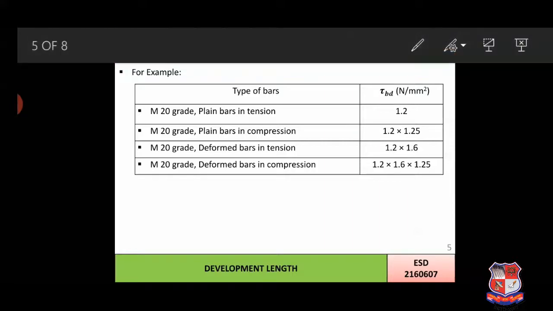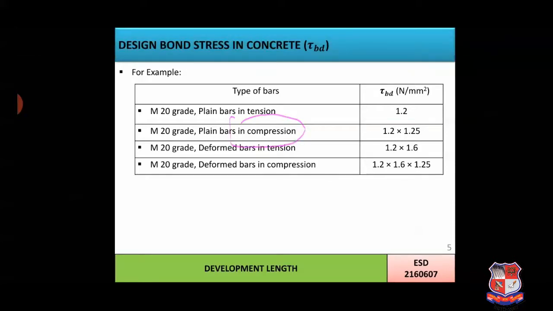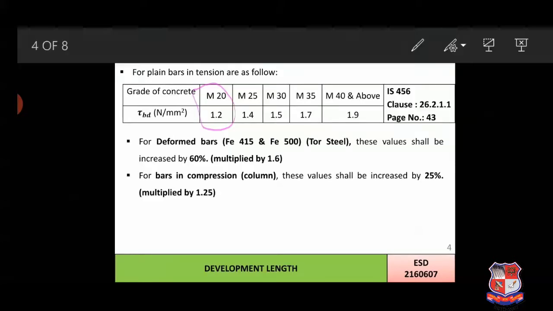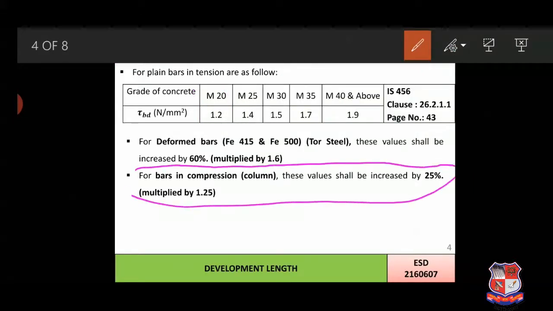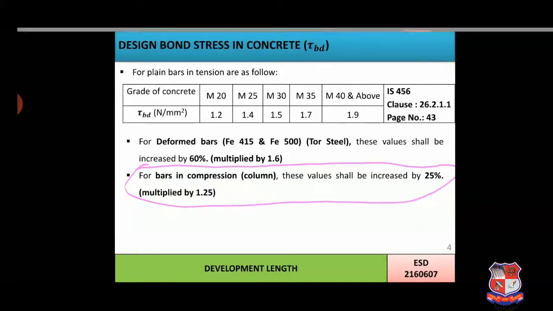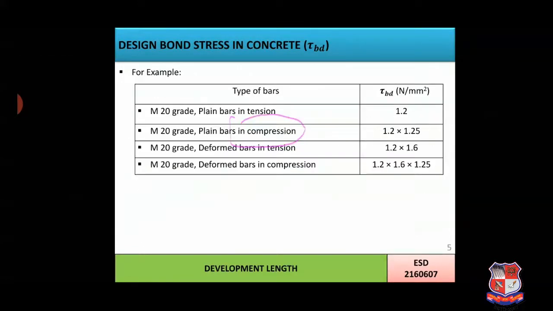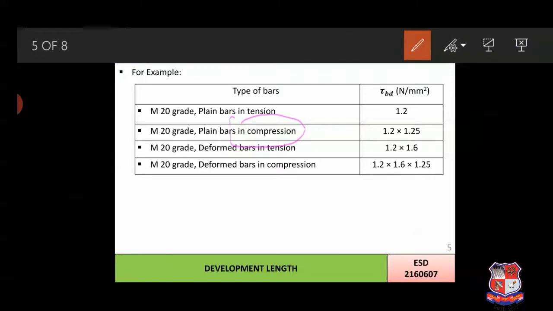Now the bar is changing from tension to compression. Over here we have seen that when the bar is in compression the value will be increased by 25%. So the value of τbd is 1.2 multiplied by 1.25, a 25% increase because the bar is in compression. Third example, M20 grade deformed bar in tension.